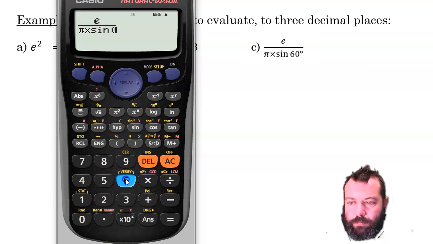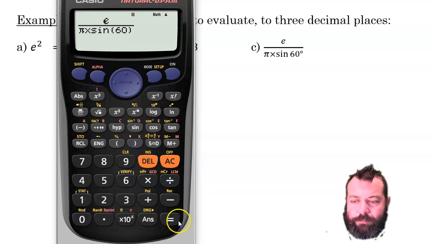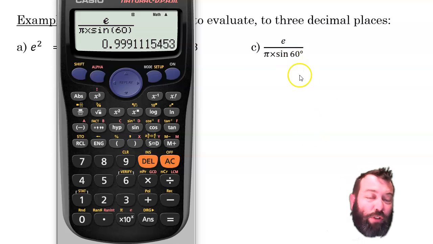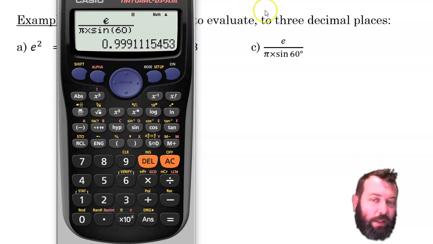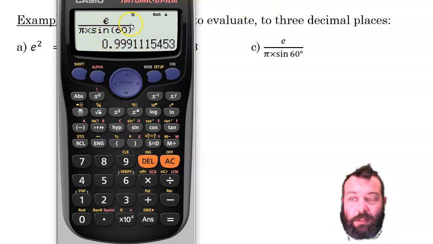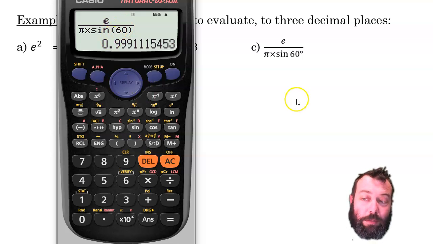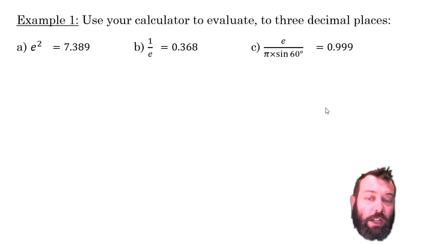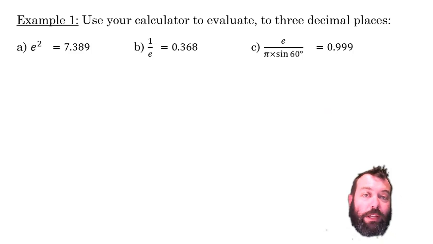Don't forget to close the brackets. What do I get? Ooh, 0.999. Look, it's not a rounding error. It's just an odd sort of a thing. Don't get the idea that it's exactly 1 or anything like that. No. I just wanted a complex calculation there, and that's what it turns out to be. So 0.999. Okay, that's how we use our calculator to evaluate expressions involving e.